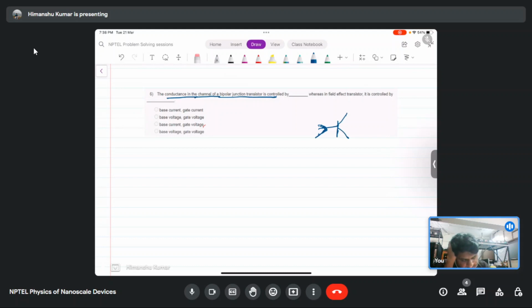So the conductance in the channel of the BJT is controlled by the base voltage or base current. Basically you need to inject current in the base region, whereas in the field effect transistor it is controlled by the gate voltage.